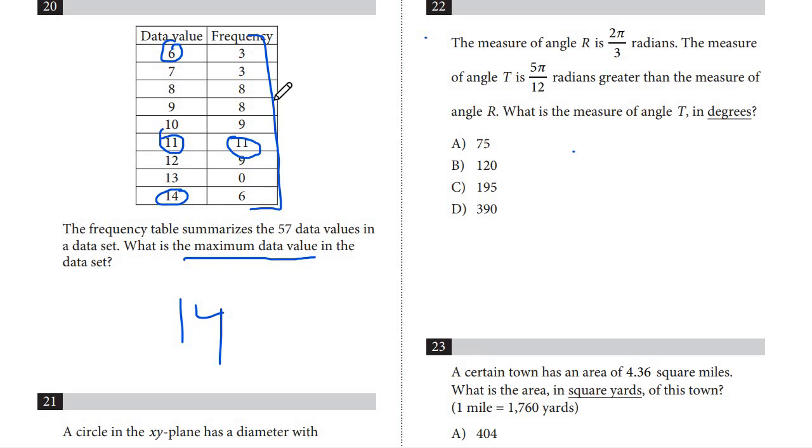And if they were to ask you what is the average, you have to add up all these numbers and divide by the number of numbers. So you would have to add up 3 6s plus 3 7s plus 8 8s all the way down to 6 14s, add them up and divide by the numbers added that you have here as frequency. But that's very time consuming.